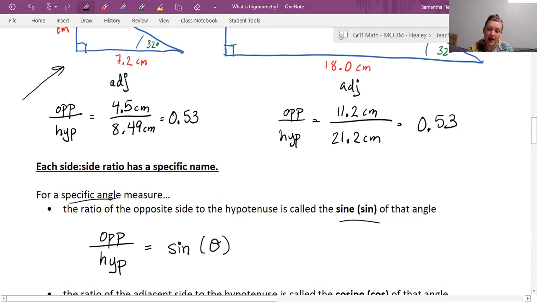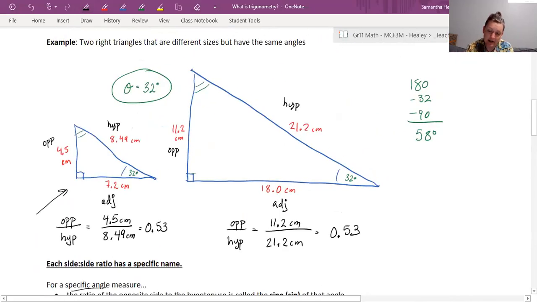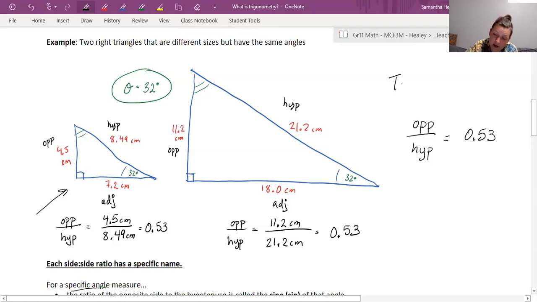So if we wanted to describe what we just found up here, let me get rid of this extra calculation. We would say that, okay, for a 32-degree angle, the ratio of the opposite over hypotenuse was 0.53. But if we had to write that in a sentence, we would literally have to say, for a 32-degree angle, the ratio of opposite to hypotenuse is 0.53.